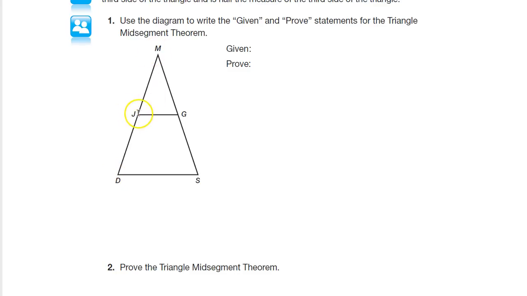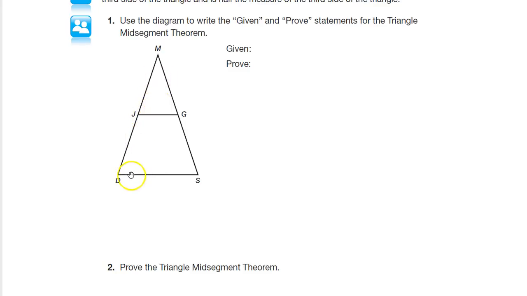M to J plus J to D is equal to MD. And also the idea that because this is a midpoint, MJ is exactly 1/2 of MD. And so that's going to help you know that this proportion here, MJ is half of MD.